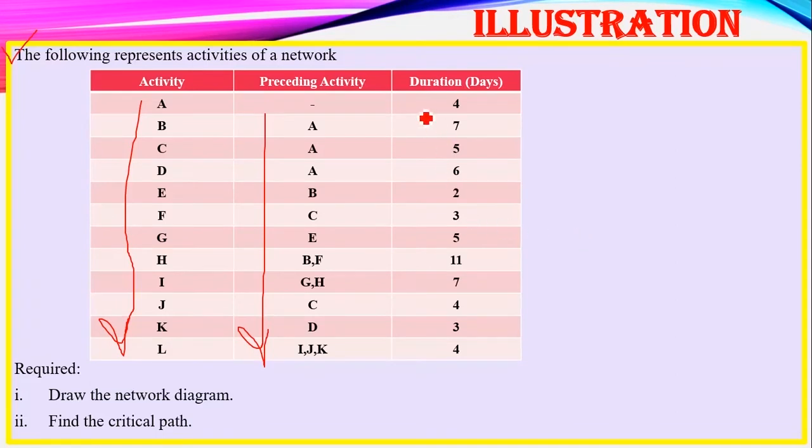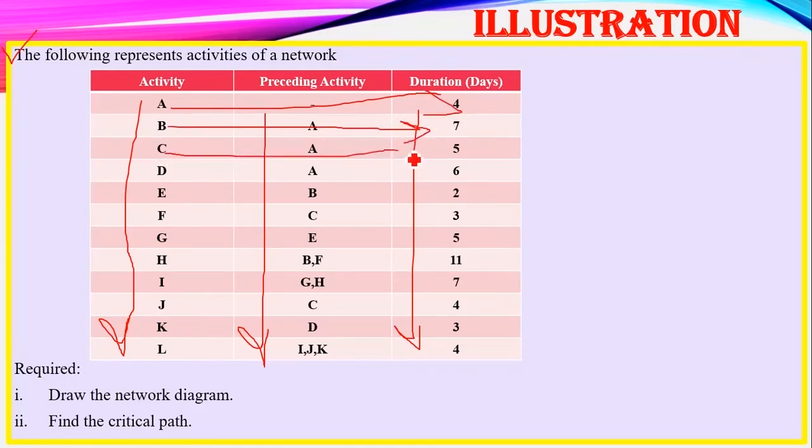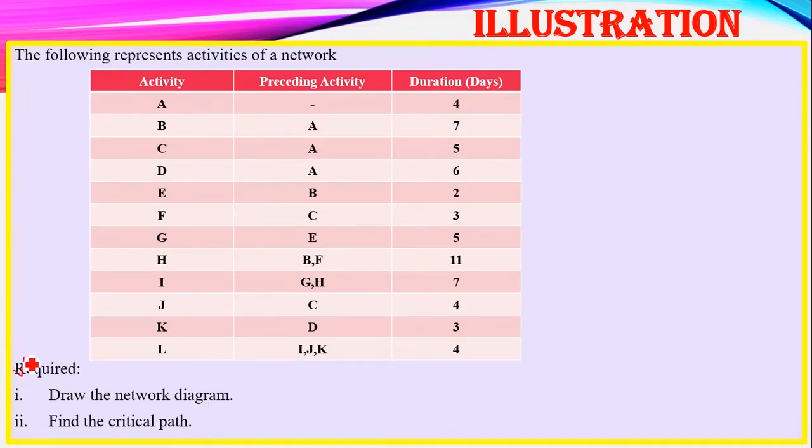Then you're given the duration of these activities. So this is like saying activity A takes 4 days, activity B takes 7 days, activity C takes 5 days, etc. Then required, draw a network diagram. That is requirement number 1, to find the critical path.